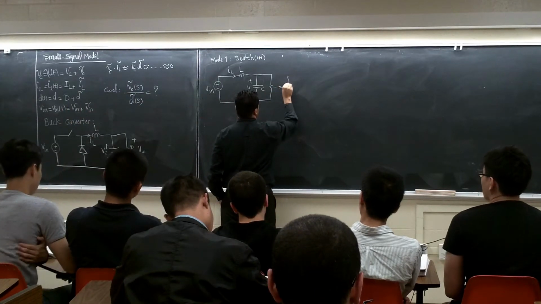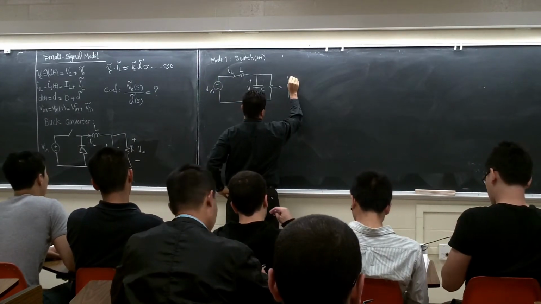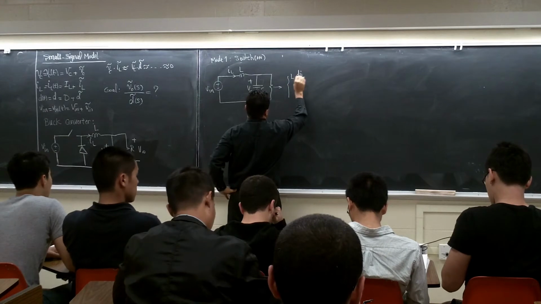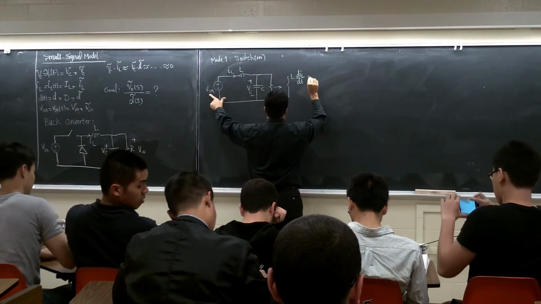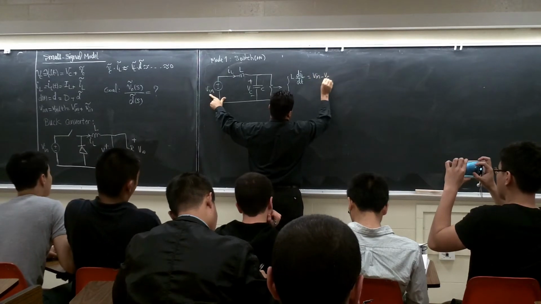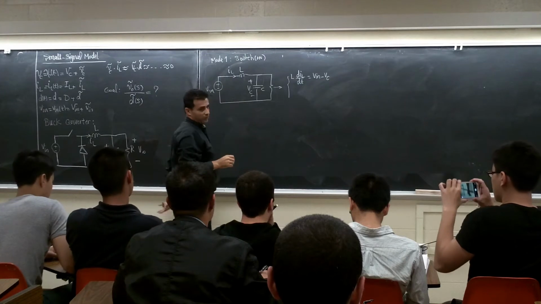Here, I'm going to write it quick. We said L dIL over dt is going to be V in minus Vc. Am I right?